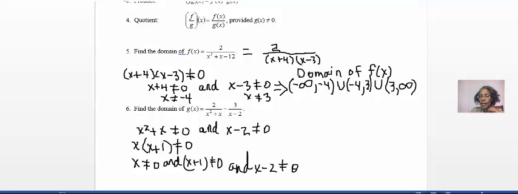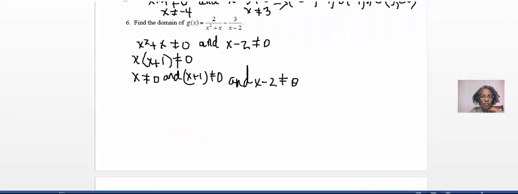If I simplify these statements, here I need to subtract 1 from both sides of this unequal statement, and here I need to add 2. This is really a type of inequality. So x can't be 0.